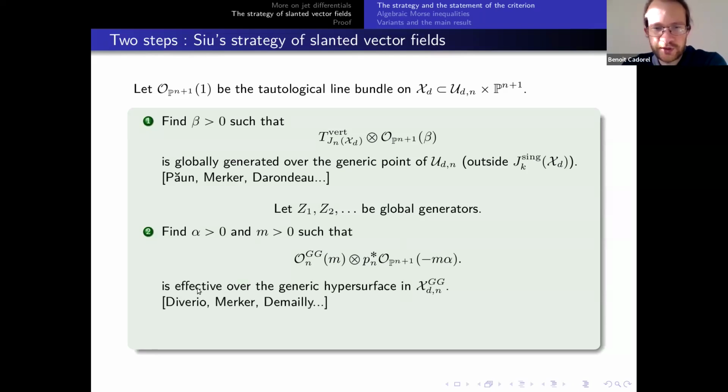So you want to prove that this bundle is effective above the generic hypersurface inside this universal family. So this, with effective values for alpha, was obtained by different people. So for example, Diverio, Merker, Demailly. And let me say that such a result will hold if D actually is large enough. So that's where the hypothesis that D is large enough comes from.